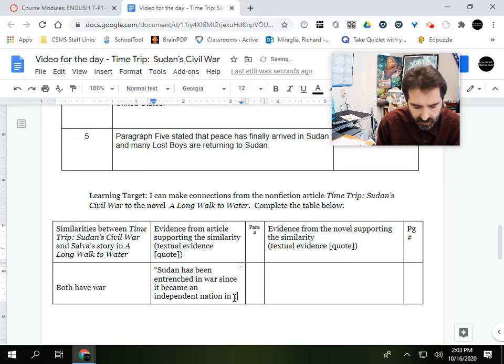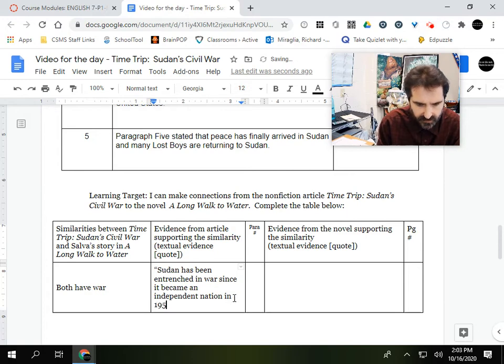That was paragraph 1. PARA is the abbreviation for paragraph.